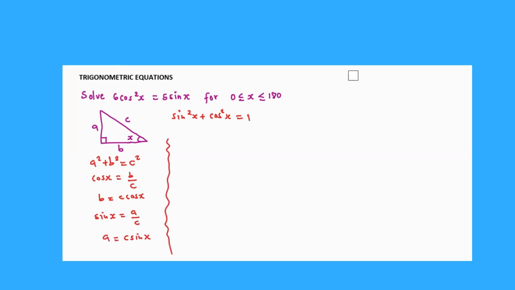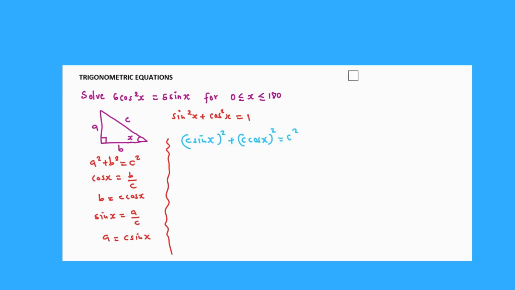So we can now substitute the values of a and b in our equation there. So we get that a squared, which is now (c sine x) squared, plus b squared, which is (c cosine x) squared, is equals to c squared.